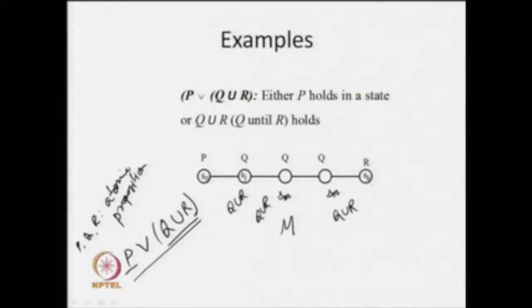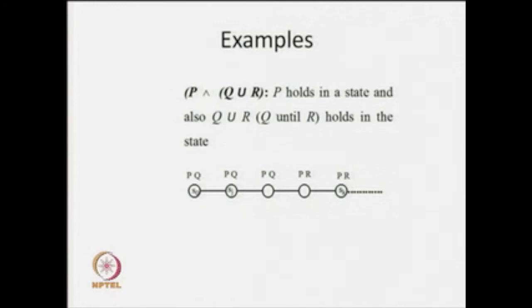When you come to Sk, we will find that neither P is true nor Q until R is true over here. So, P or Q until R is false in state Sk. This is the way that we look for the truth values. We are just looking into some examples to get the meaning of those temporal operators.